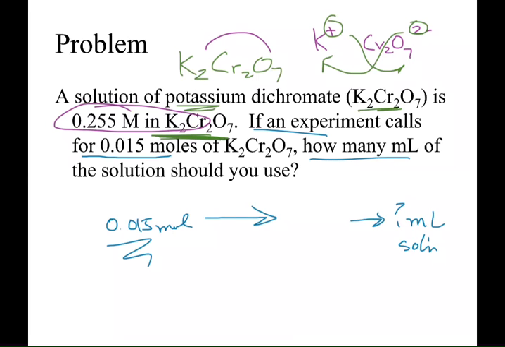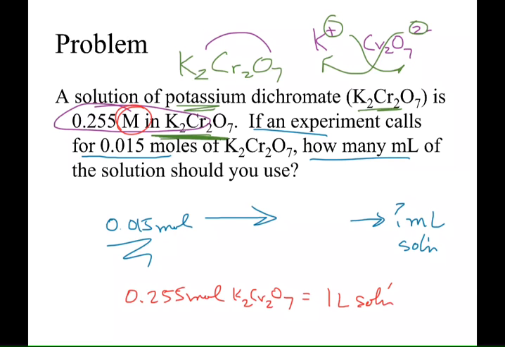So, let me just go ahead and unpack it now. Remember that anytime you see this M, that means molar. So what that M means is, for this particular solution, there are 0.255 moles of K2Cr2O7 in 1 liter of solution.